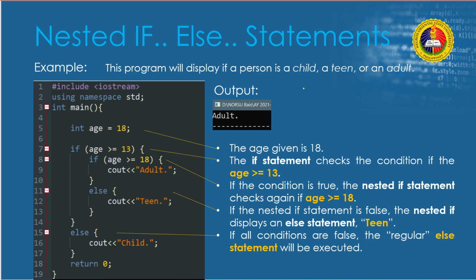So let's create our variables. For child, from 1 to 12, that's child, and then teen is for 13 to 19, and then adult is 20 and above.